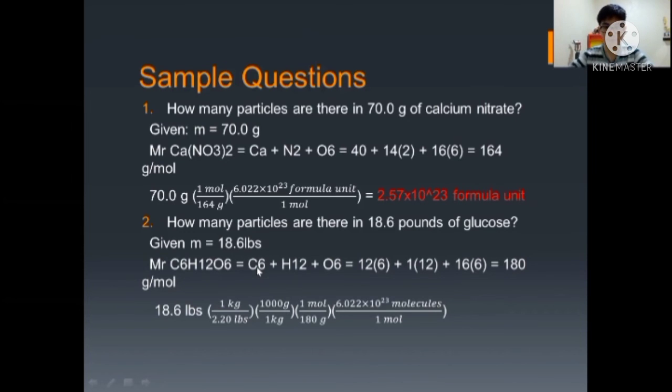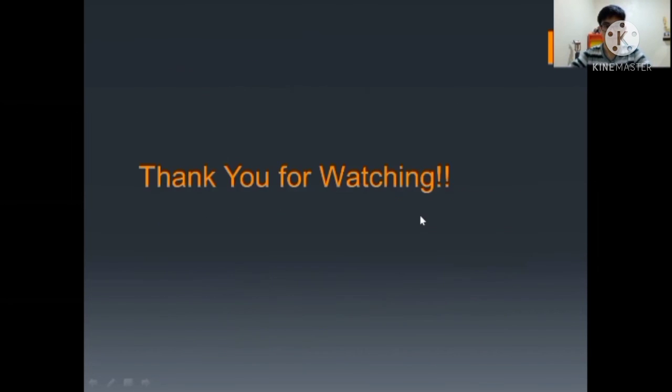And after that, you'll get the result, which is 2.83 times 10 raised to 25 molecules. And we use 2.83 to follow the significant figure rules again. And so yeah, that's it.